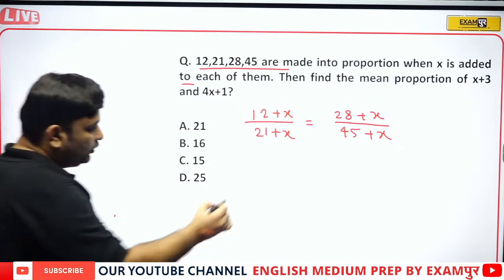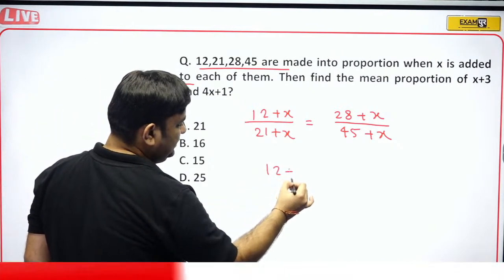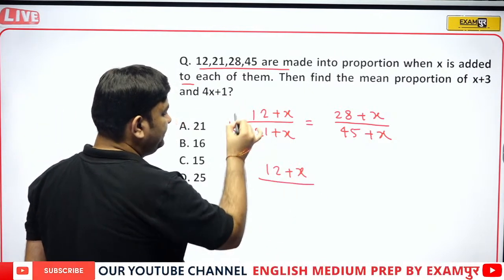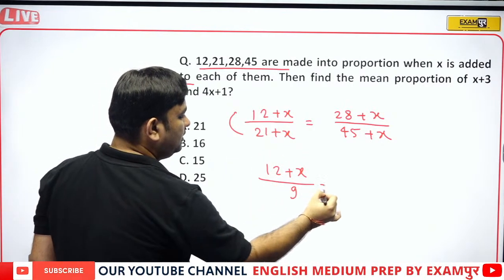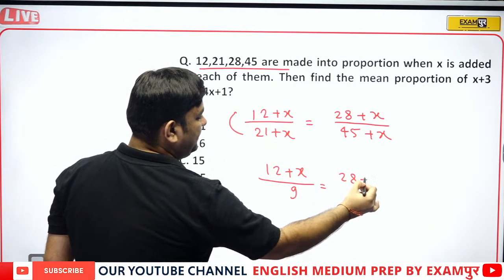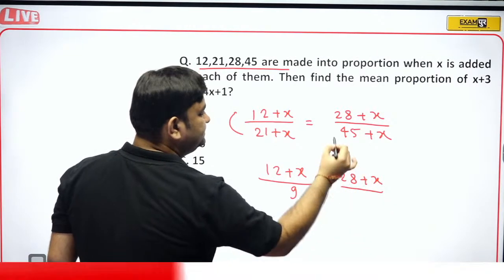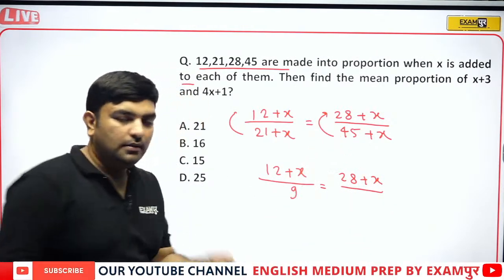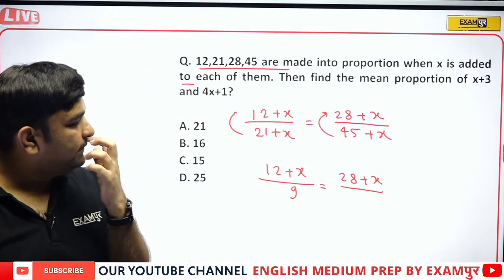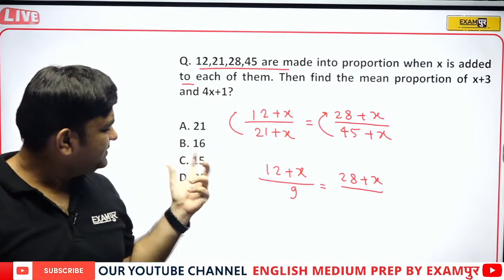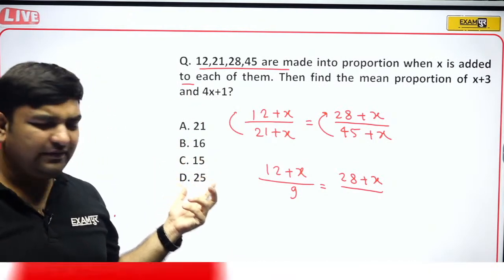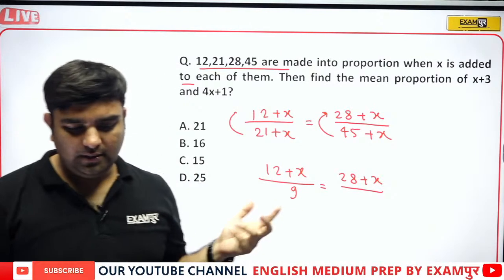Apply dividendo, keeping the numerator as it is. Apply dividendo: 9, 17.